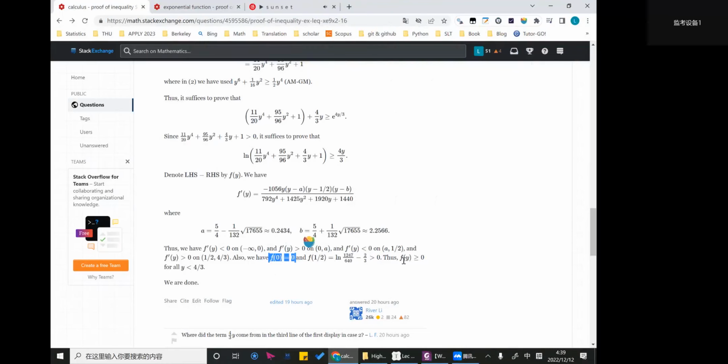Then we can prove that f1 is larger than 0 for all y less than 4/3, which is done.